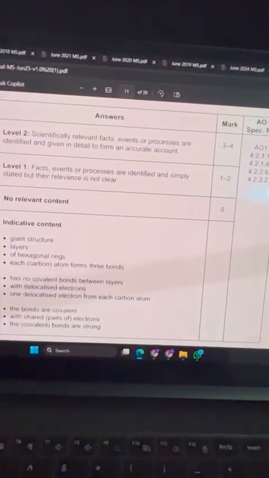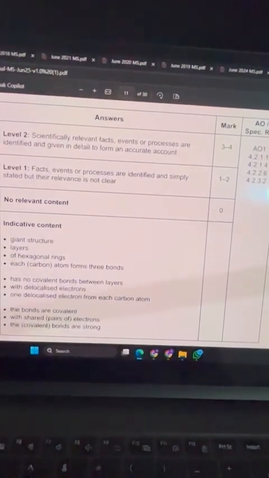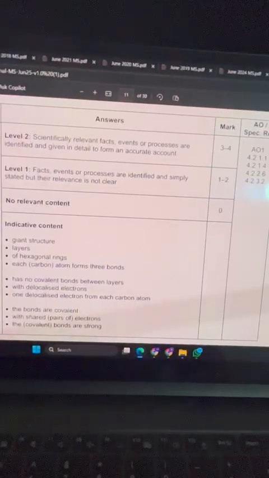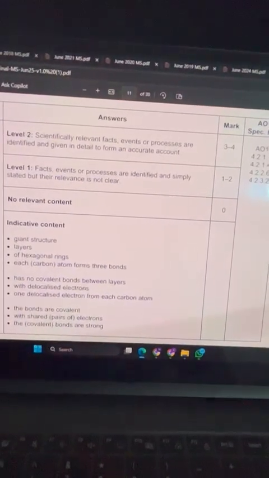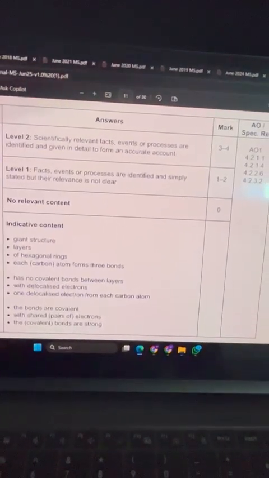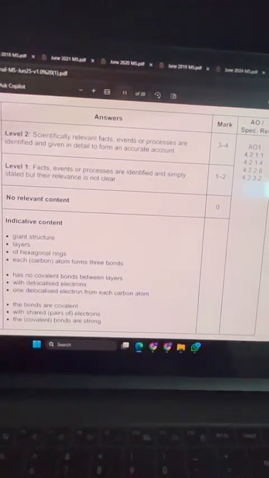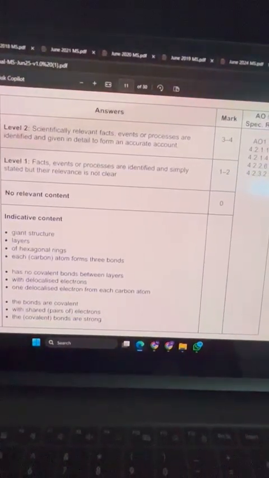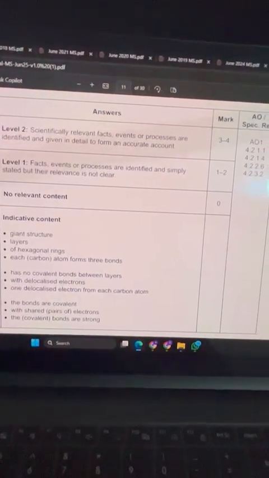If you have got almost all of them, or at least most of them in your description, you can get up to level 2. So level 2, a very good answer, will get 4, and somebody lacking a few points will get 3. Hope it is helpful. Thank you so much.